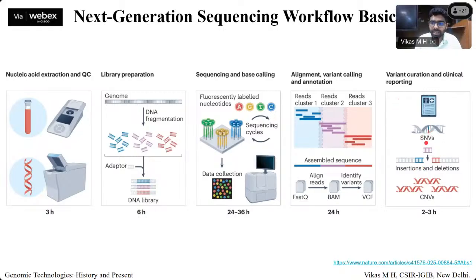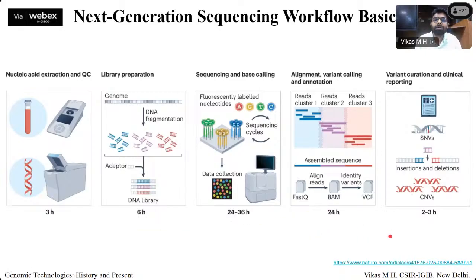And once you identify the variants, you will be able to know from the reference genome whether there are any mutations like insertions, deletions, or whether it is in consensus with the population variant that is present.